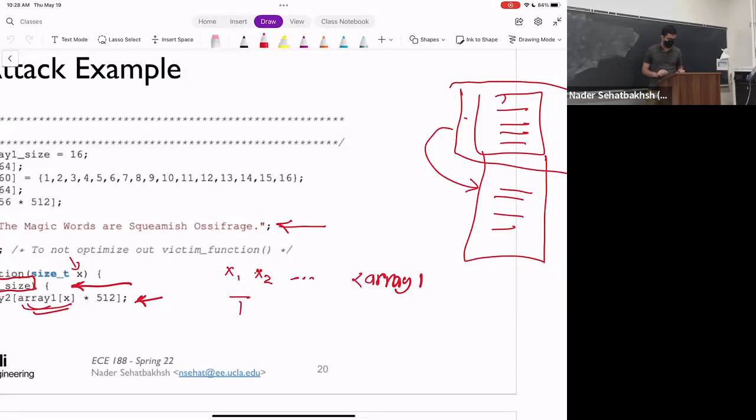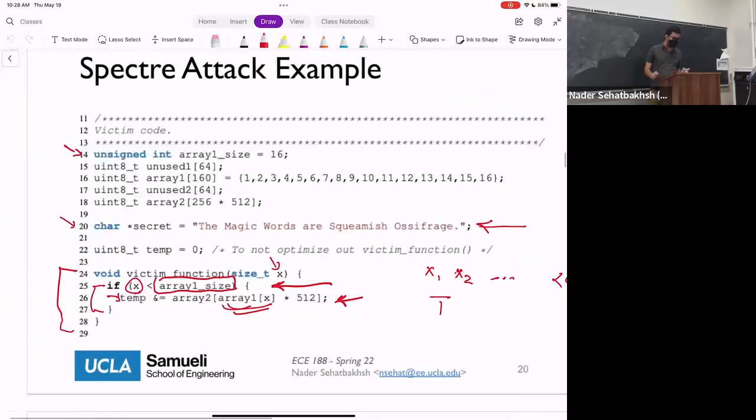So to just repeat again, the attacker plays with this X value, and all it does is change this X value at the beginning. It trains the system to think that its values will always be less than the array size. In that way, the branch predictor is trained and expects that this value will always be less than some threshold.